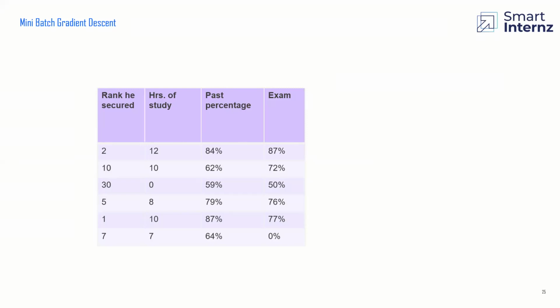We have another gradient descent that is called mini batch gradient descent. Mini batch gradient descent is basically a combination of two gradient descents, batch gradient descent and stochastic gradient descent. It divides the training data set into small batches. Then it will perform the updates on those batches separately.